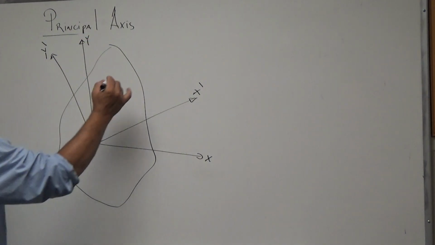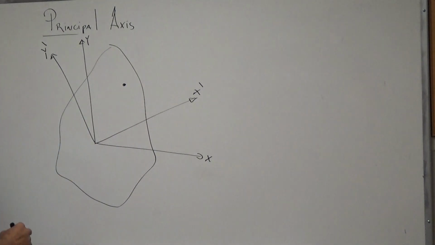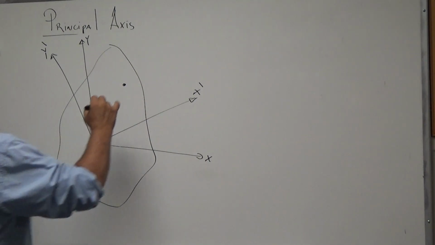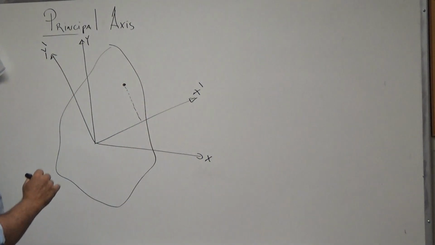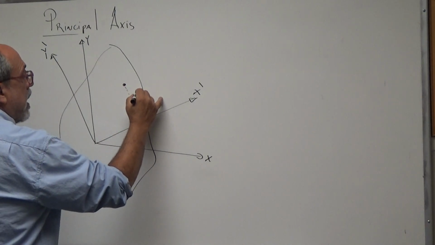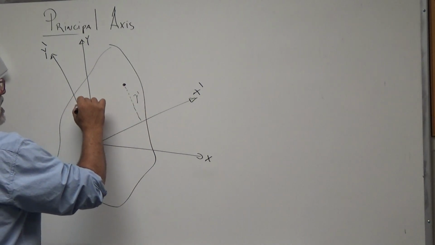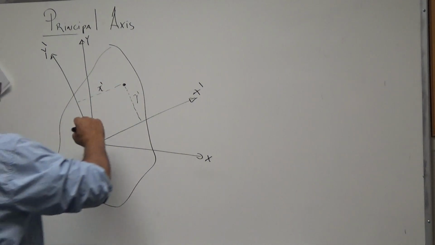This right here is an arbitrary point. That point has this distance, which would be y prime, and this distance, which would be x prime.